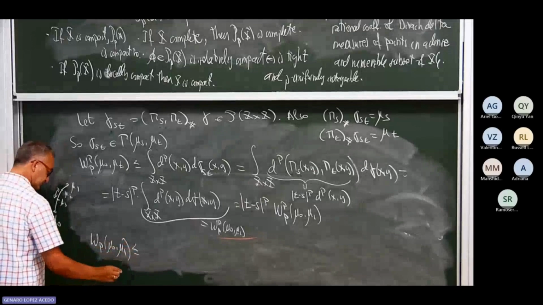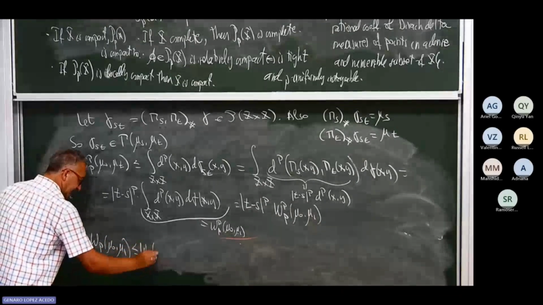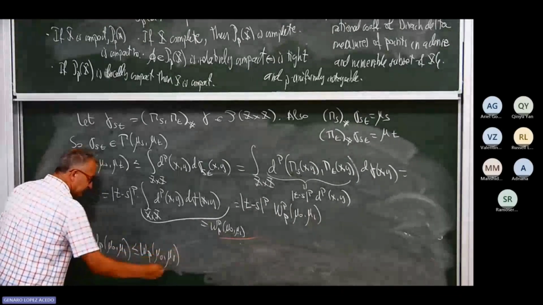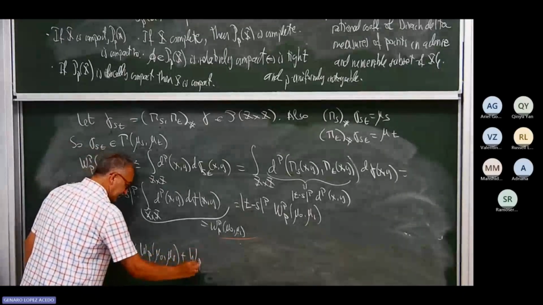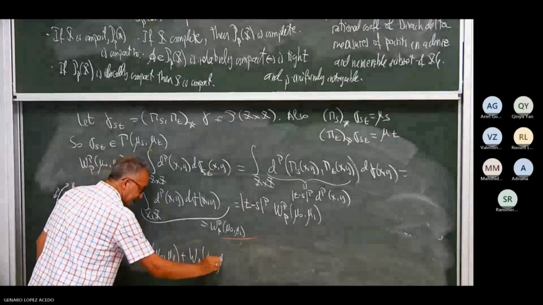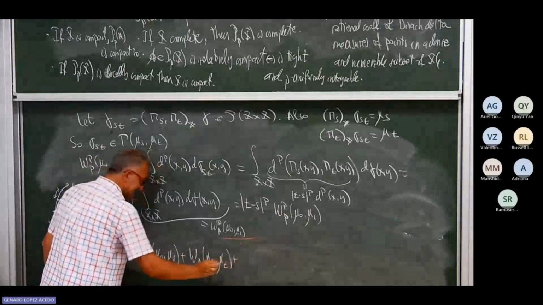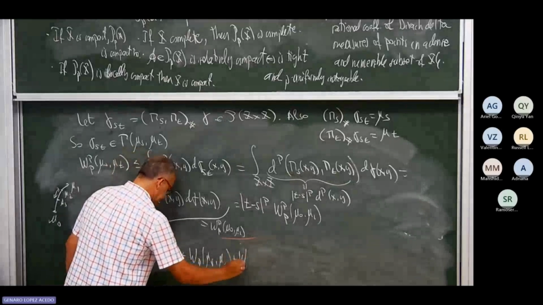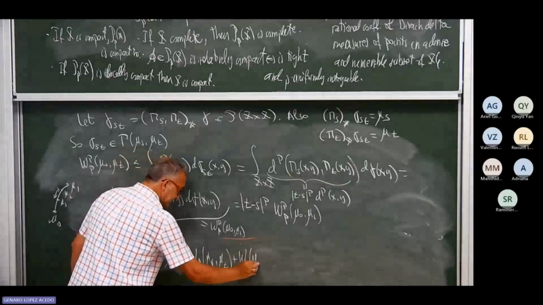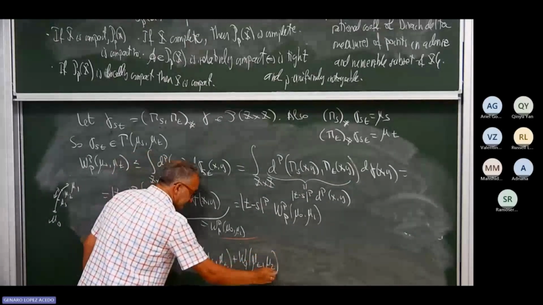That's now equal to the distance between mu0 and mu s. We assume s is smaller than t. Plus the distance between mu s and mu t, plus the distance between mu t and mu 1.